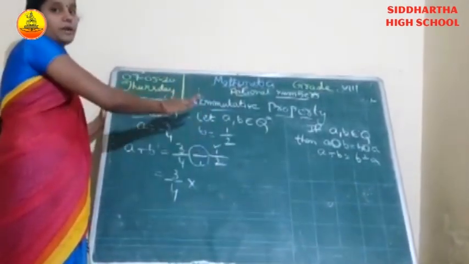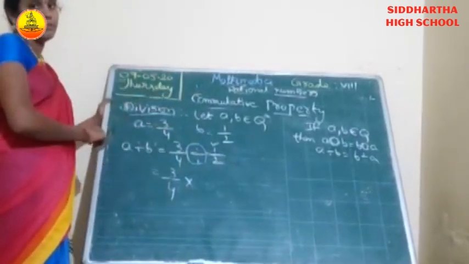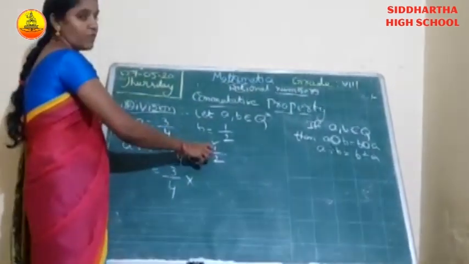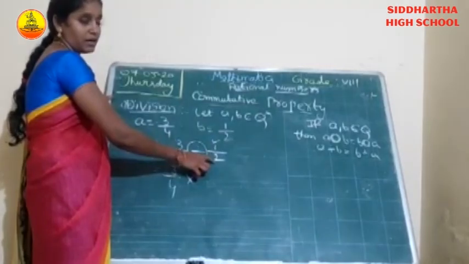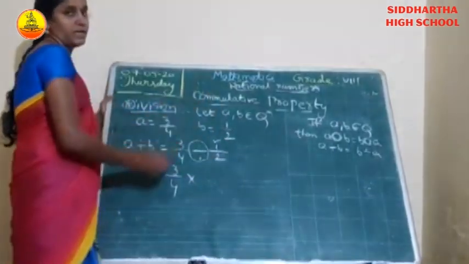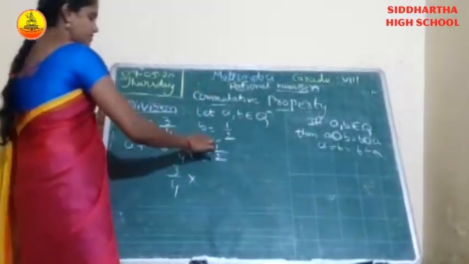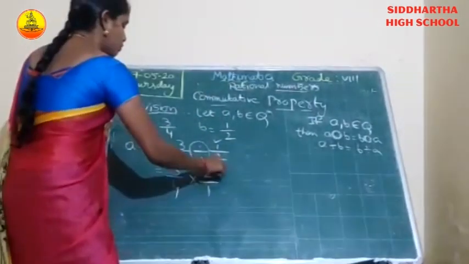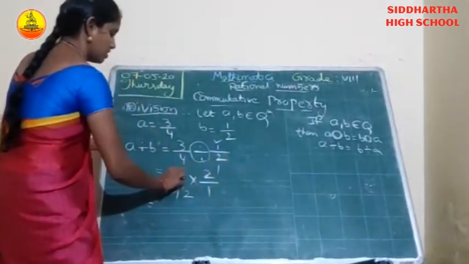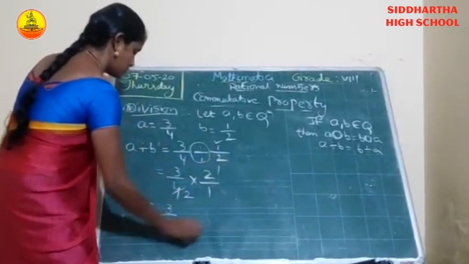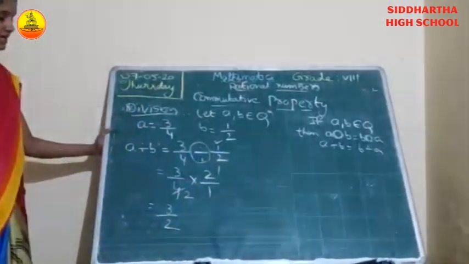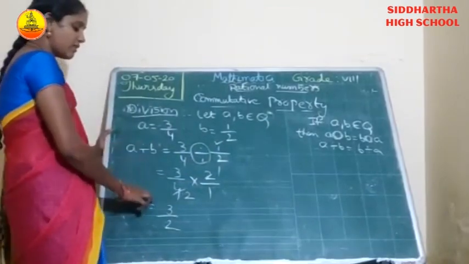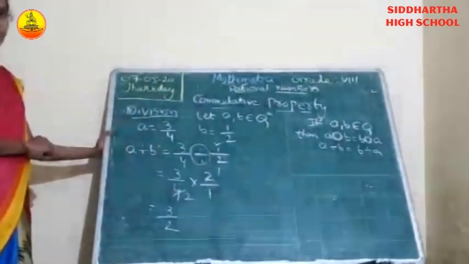Numerator becomes the denominator, denominator becomes the numerator. What is the numerator here? 1. 1 becomes the denominator, denominator becomes the numerator. That means 1 by 2 becomes 2 by 1. Now 2 ones are 2, 2 twos are 4, 3 ones 3, 2 ones 2. What is the value of A divided by B? The value of A divided by B is 3 by 2.